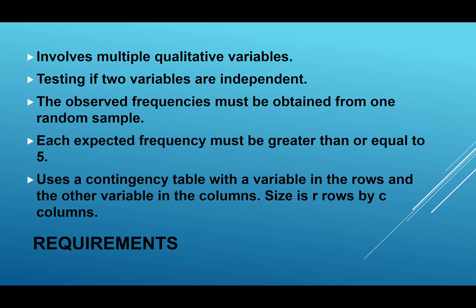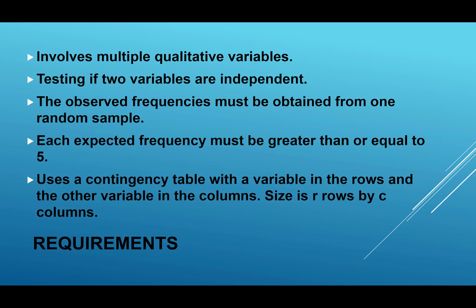Our observed frequencies are going to have to be obtained from a single random sample. The expected frequency, which is the data count for each item, has to be greater than or equal to 5.